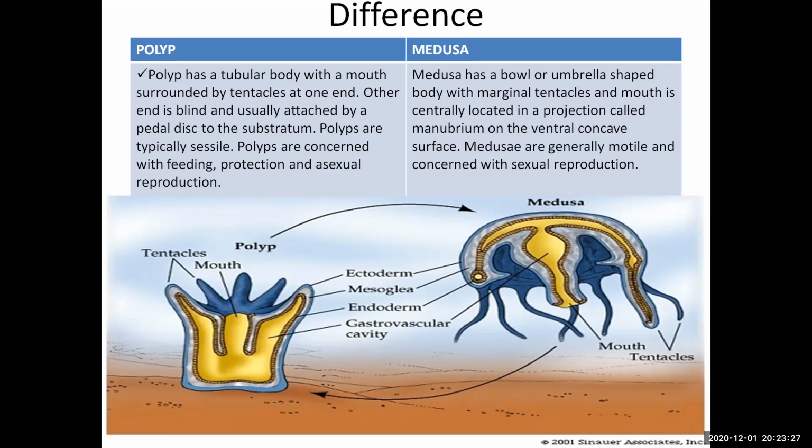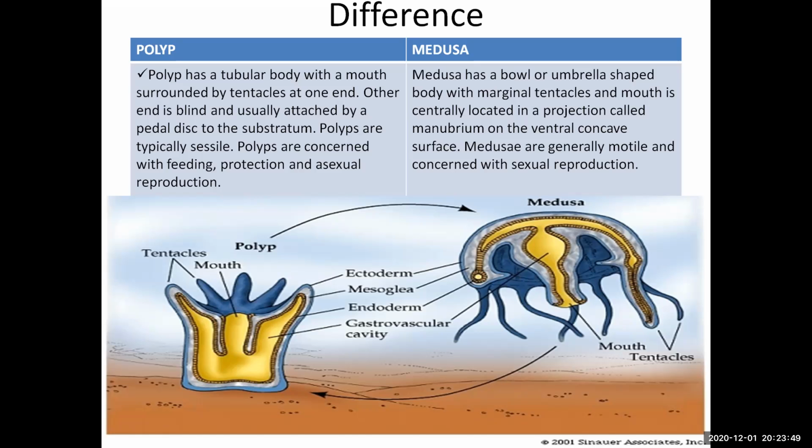Now see here, Hydra is a polyp and it reproduces sexually as well as asexually, because in the life cycle of Hydra, the medusa form is not present. If medusa is present in the life cycle, then the polyp reproduces asexually only.